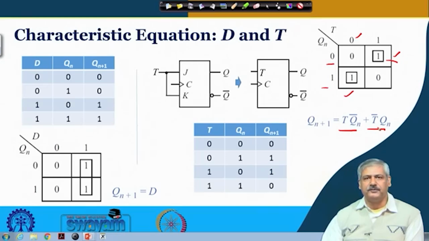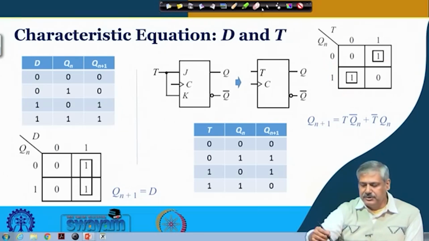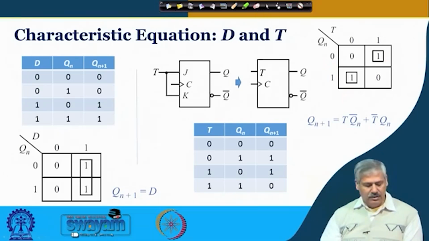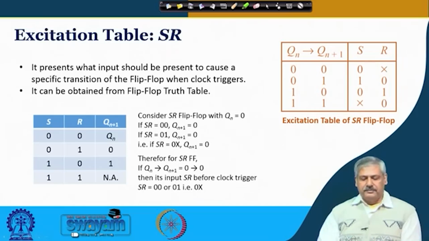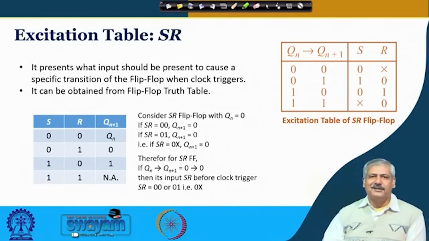Is it okay? Right. So, we shall make use of all these things later in subsequent classes. We shall see how to make use of it. Next is another representation through excitation table. This is interesting.